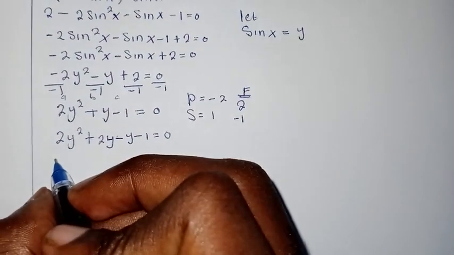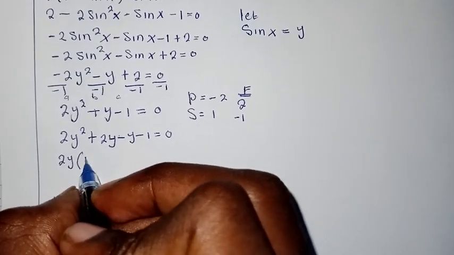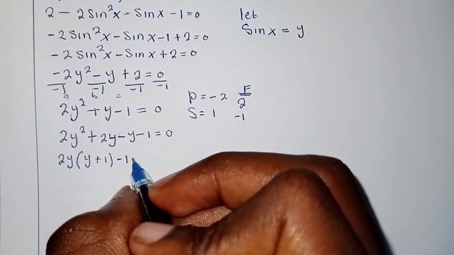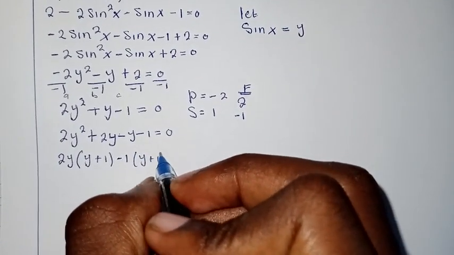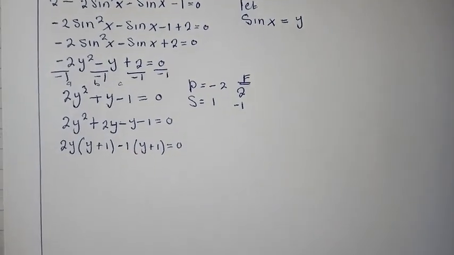From there, we're going to have 2y factored out, y plus 1. We're going to have -1 factored out, y plus 1 equal to 0. Then from here, we can collect the factors.